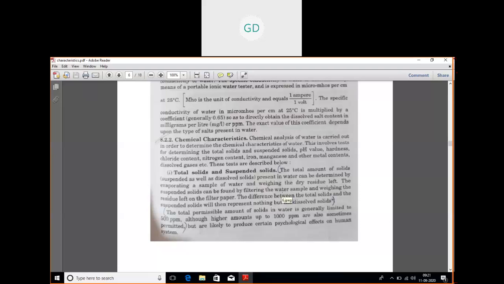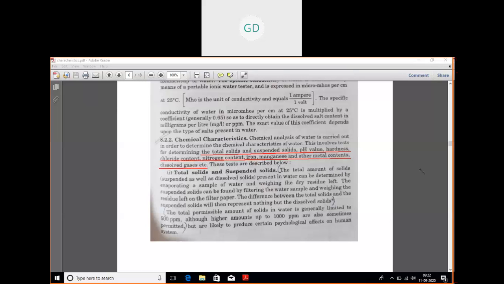You can see here total solids, suspended solids, pH value, hardness, chloride content, nitrogen content, iron, manganese. All these are your chemical characteristics of water. We need to measure how much of these chemicals are present in the water. These we will discuss in our coming classes.